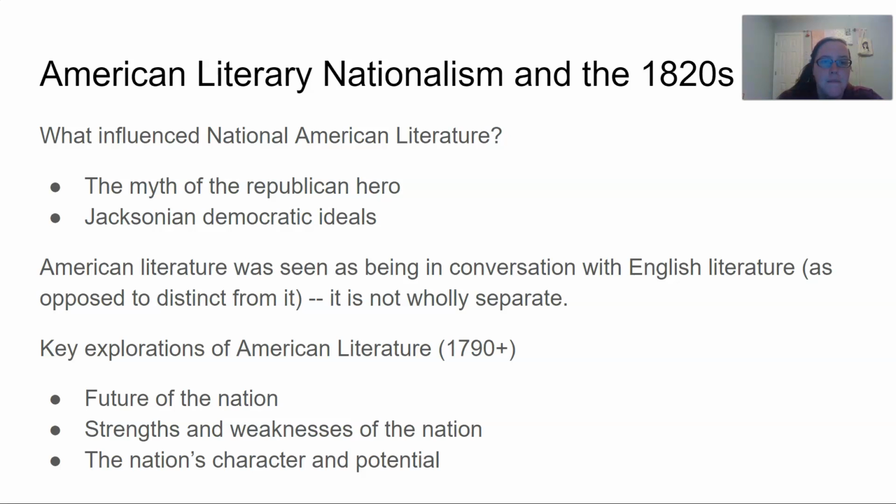But in this case, the myth of the Republican hero really refers to the underdog coming to America, defeating the monarchy and the crown, defeating the king, and building a nation. That's the myth of the Republican hero.